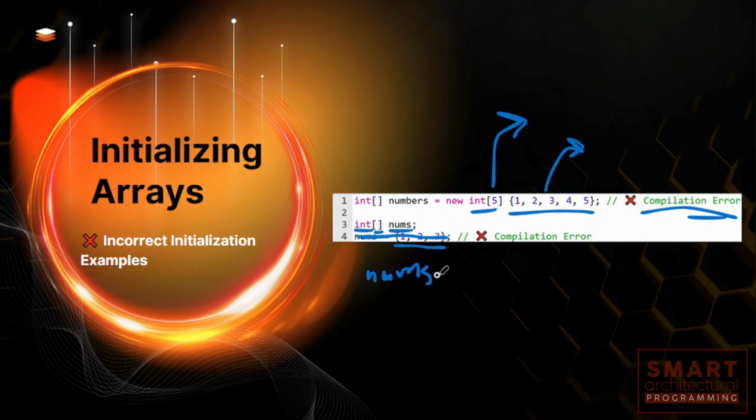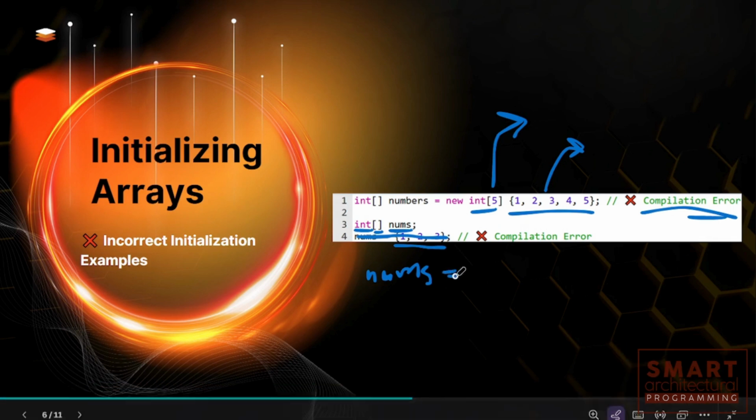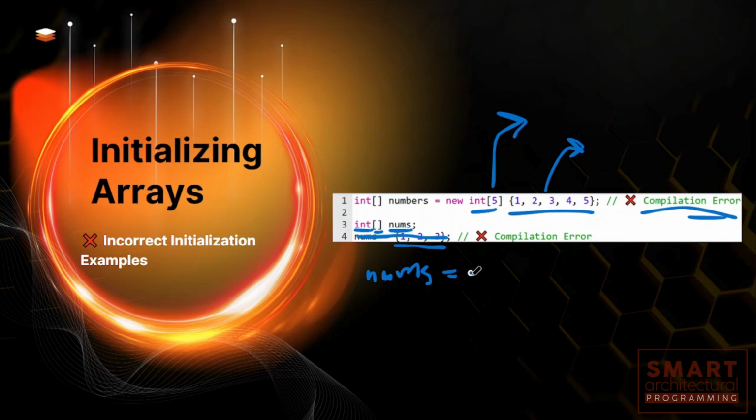It's going to be a little messy, again, bear with me. Nums equals curly braces, and in that we write, I think, yeah, we can't do that. Again, I'm doing the same thing that we did above. So instead of that, basically we have nums equals new int, as we do when we need to write a new value here.